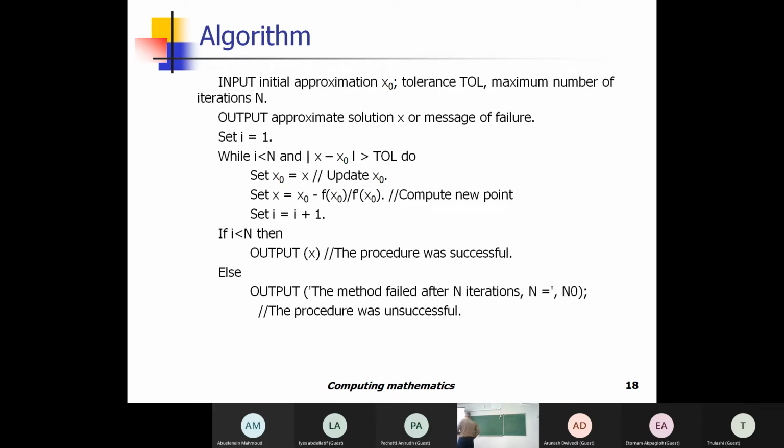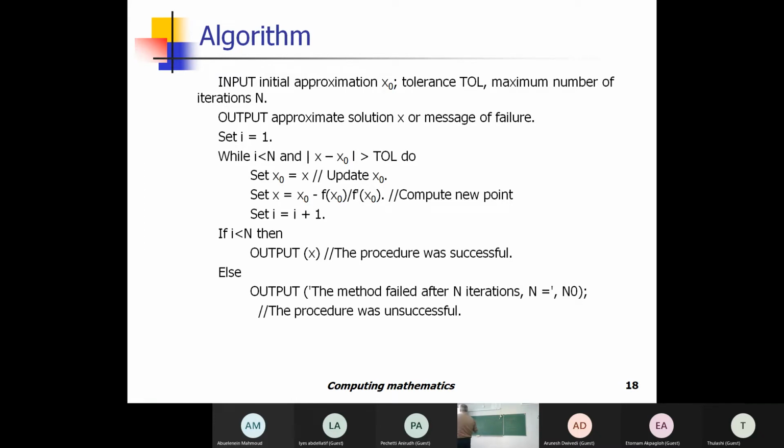Let's set the counter to 1, and the main loop can be organized as follows. While i is smaller than n, and the distance between the current point and the next point is greater than the tolerance, let's update the point.